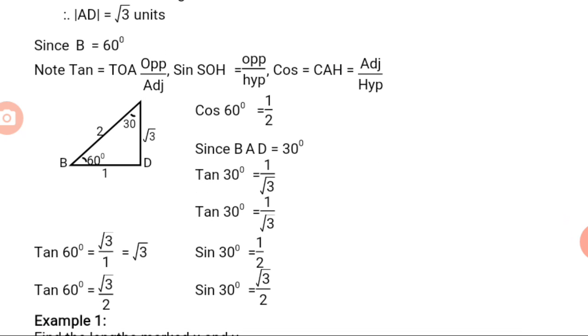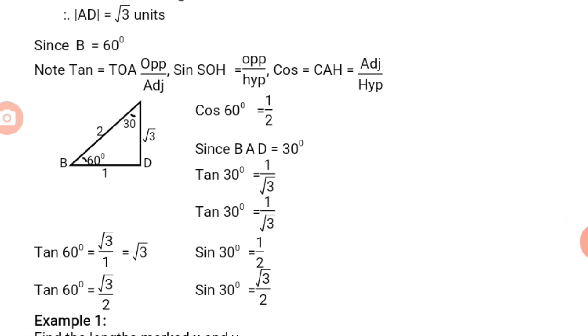Now, tan 60 degrees. Now, we want to look at angle B. Angle B is where we have 60 degrees. Therefore, as you know, tan is opposite over adjacent. Now, the side that is opposite to angle B, or angle 60, is root 3.